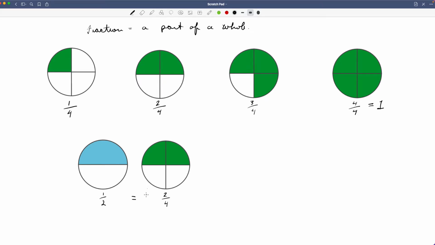All that means is if you can divide the top and the bottom, the numerator and the denominator, by the same number, then you can do that and it will have the same value. If I divide 2/4 by 2 on the top and 2 on the bottom, I get 1/2, which is the same value as the original circle that I have illustrated here.